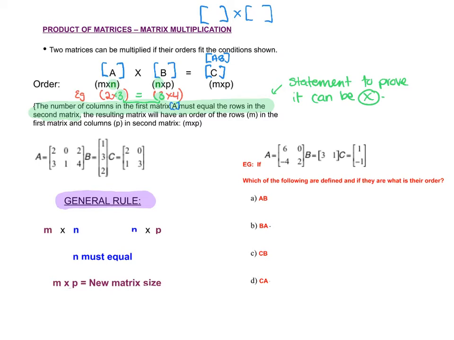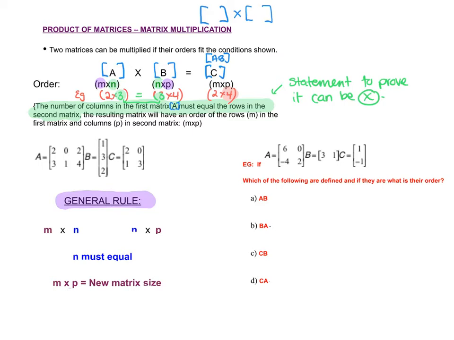It's going to have the rows of the first matrix, so for this example a 2, and the columns of the second matrix, so in this example a 4.